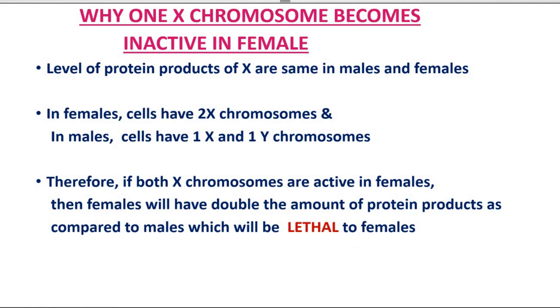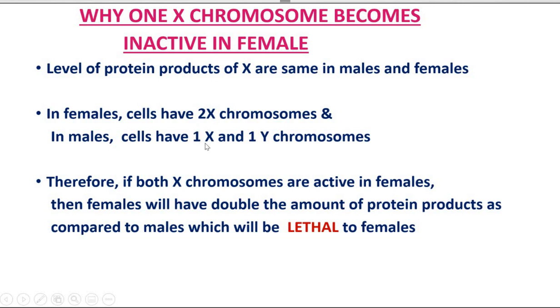So what happens is that one of the X chromosomes is made into sex chromatin, or inactivated, and so there is just one active X in females also. One X is inactive.